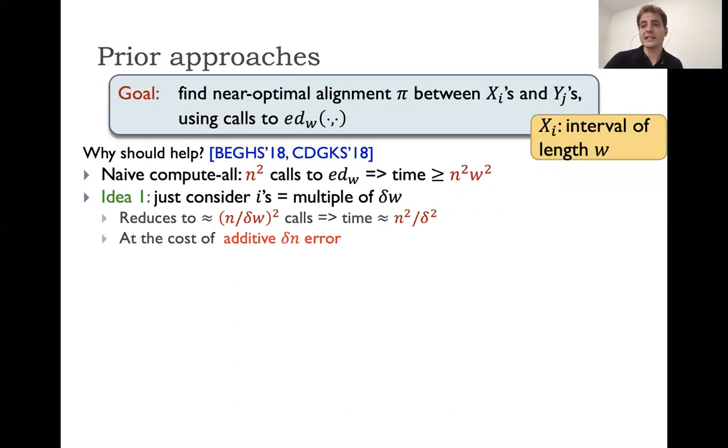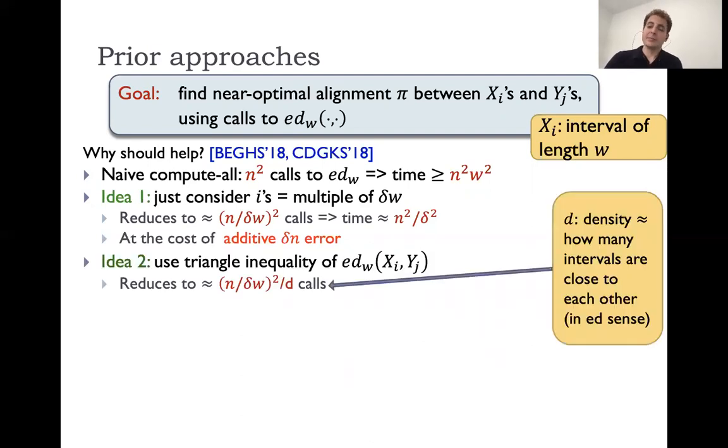So we don't look at all i's, but we look at multiples of roughly w. Now you get something that looks closer to the original quadratic time: n squared over delta squared, but you also pay some additive error, because every time you don't look at the exact location of the alignment, you look at something close by.